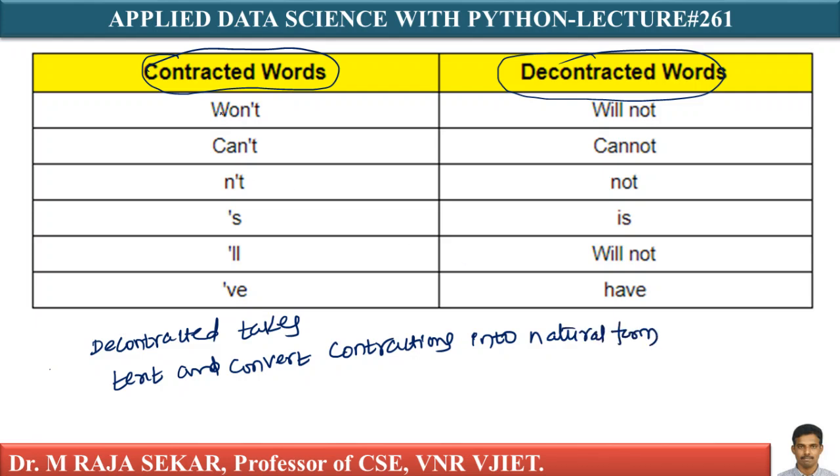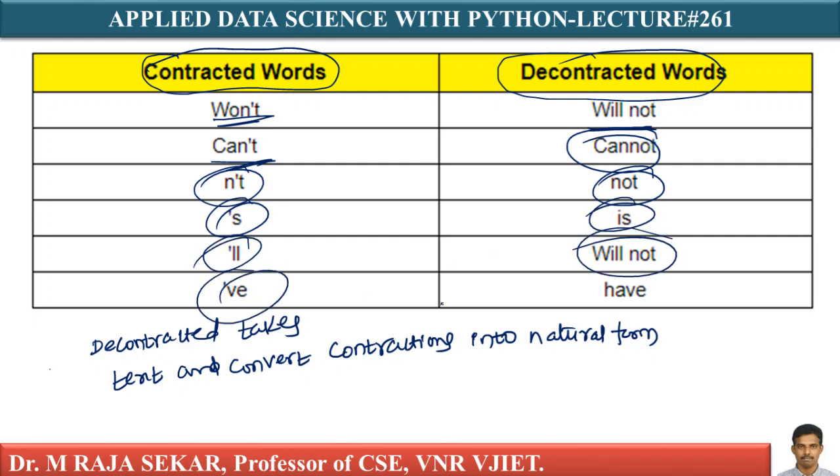Just see, this is a contracted word, won't, but it is will not. Can't is a contracted word, cannot is the decontracted word. 'm is a contracted word, am is the decontracted word. 's is a contracted word, is is the decontracted word.